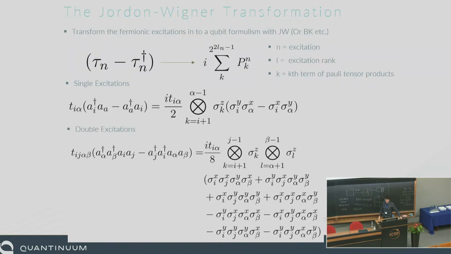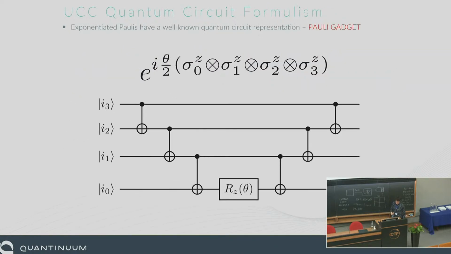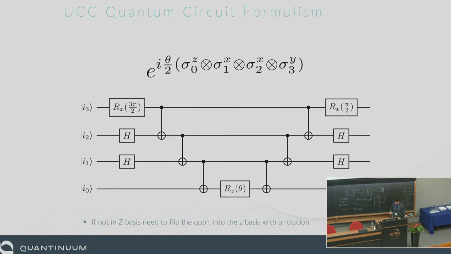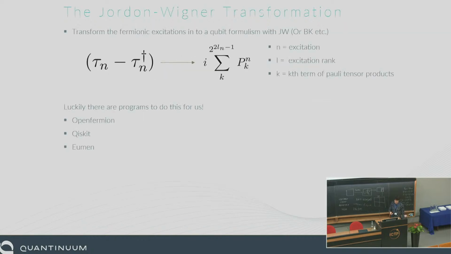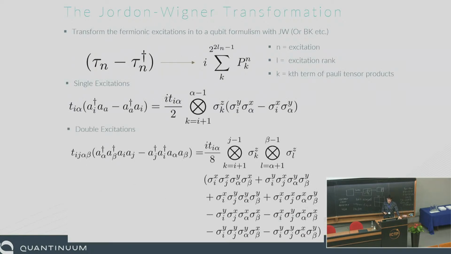So applying this to our excitation operators, we get some quite gnarly things. But you can see where the X minus iY's and X plus iY's come in, because we have two creation annihilation operators.